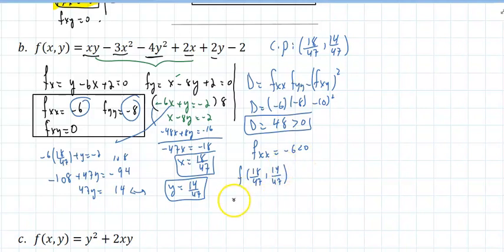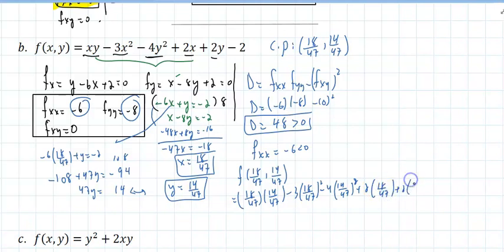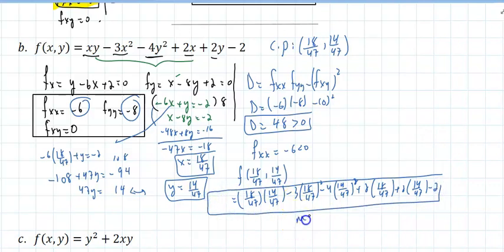That is 18 over 47 times 14 over 47 minus 3 times 18 over 47 squared minus 4 times 14 over 47 squared plus 2 times 18 over 47 plus 2 times 14 over 47 minus 2. This value would be a local max.